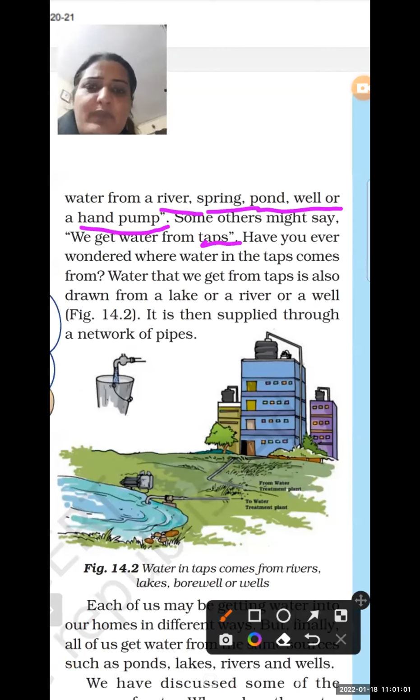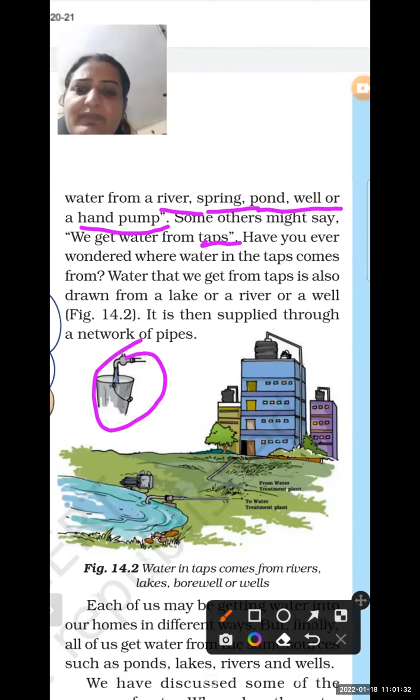Have you ever wondered where the water in these taps comes from? We use water from the taps, and where does this water come from? As we know, in our house, the water that we get from the tap is drawn from a lake, a river, or a well.